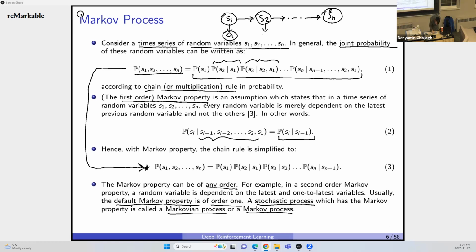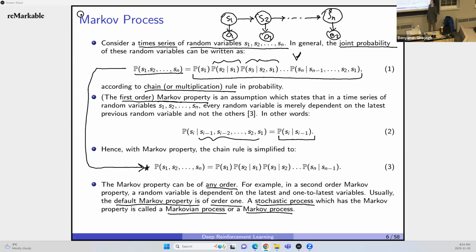Okay. Now, consider this. O1, O2, O3. In other words, every Si not only goes to S(i+1), it also emits some observation. O standing for observation. So I have a bunch of states, a bunch of observations as well. Now let me put my eye here. I'm looking, do you see my head? I'm looking up from here.